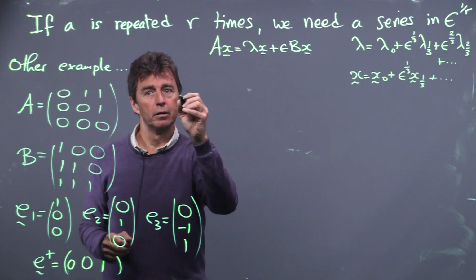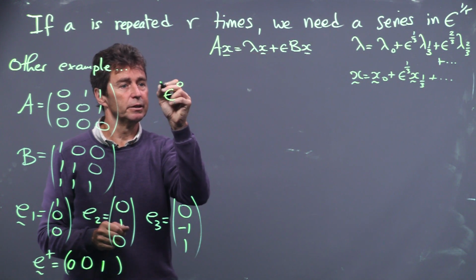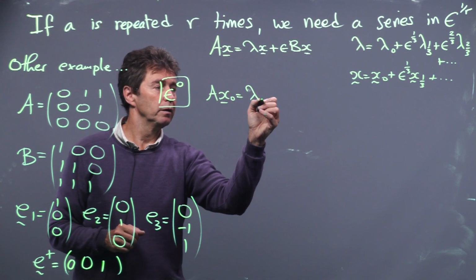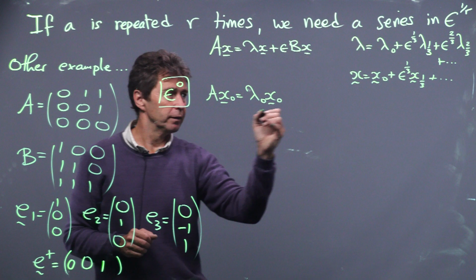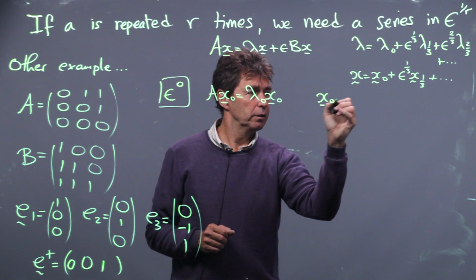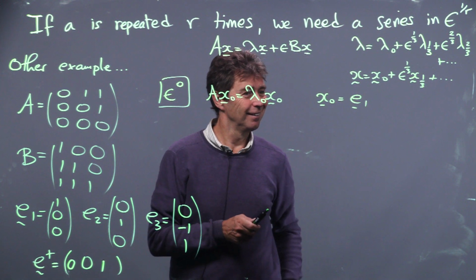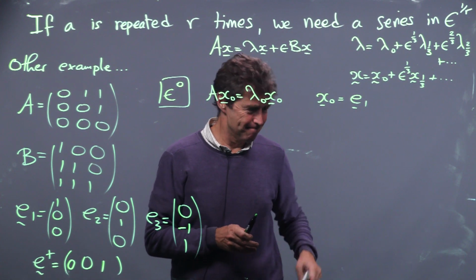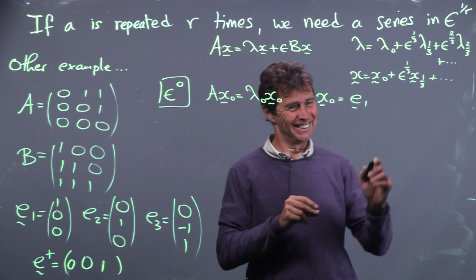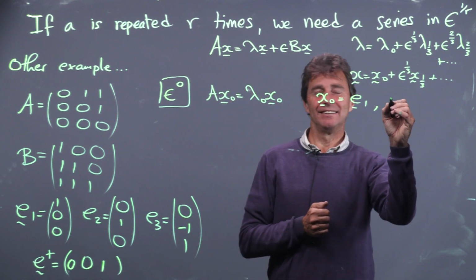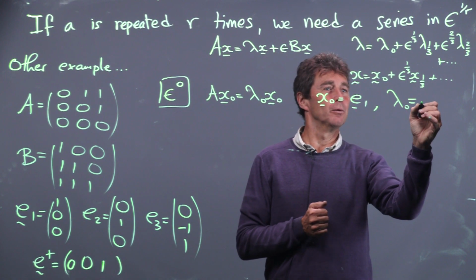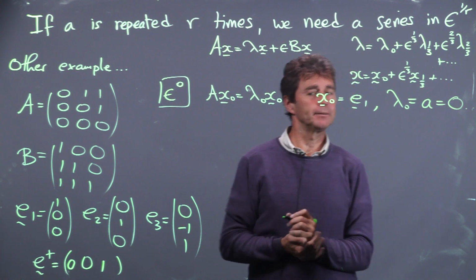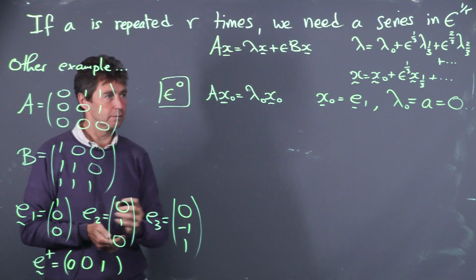So I plug in, okay, epsilon to the 0 terms. I get A x naught is lambda naught x naught, and I choose x naught to equal E1. And I choose lambda naught to equal 0. Okay, so that's the leading order.